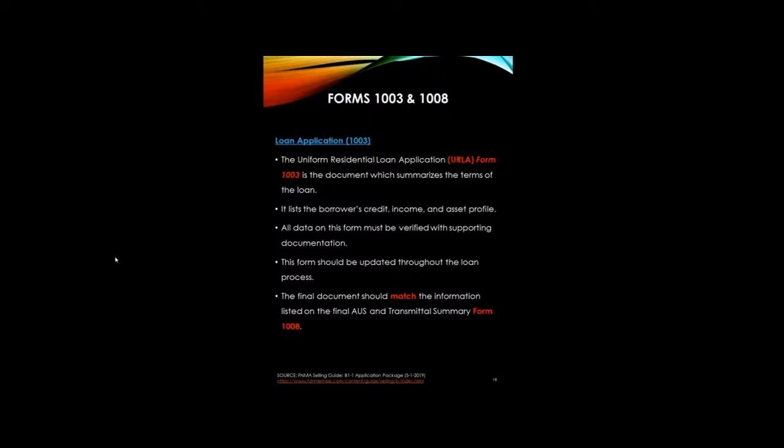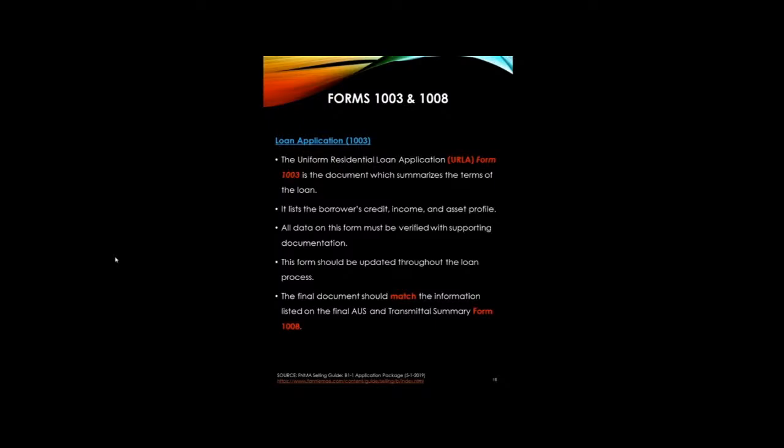And a 1008 is basically, I always use it as an internal note system for underwriting support, because it really gives you a short version of the details of this transaction. And there's a section in there for notes for the underwriters on how we calculate income. Did we use overtime? Did we not use overtime?